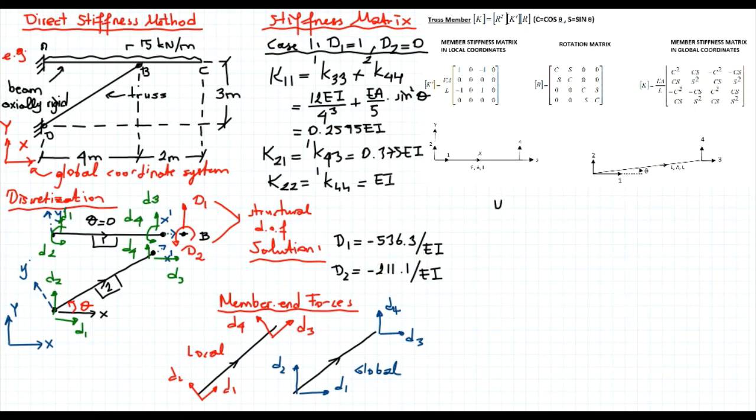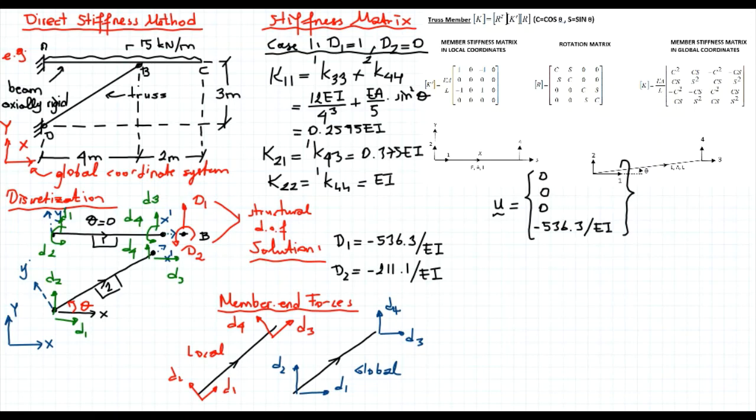U in the global directions: d1 global is 0, d2 global 0, d3 global is 0, and d4 global is minus 536.3 divided by EI.